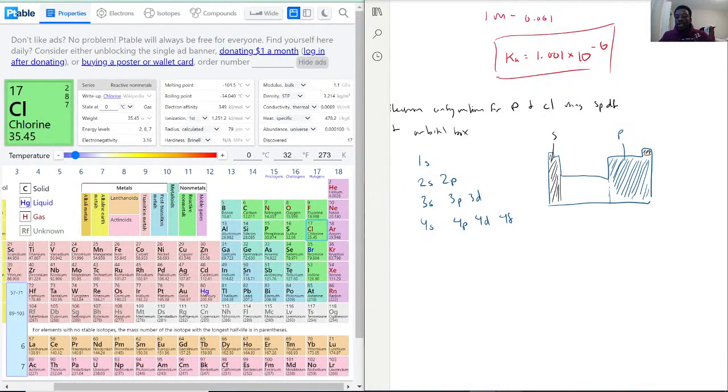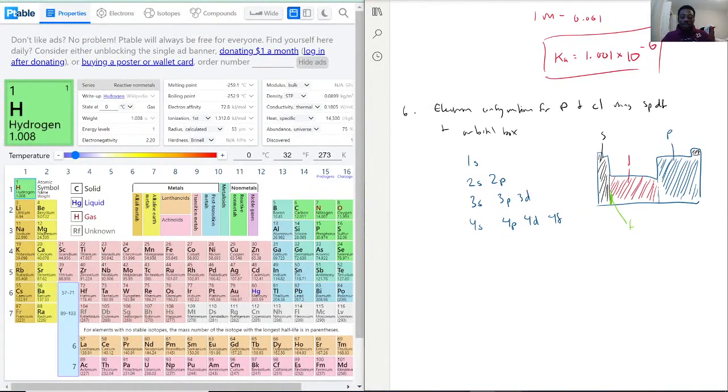And then f, which we also aren't using, is going to be the lanthanide and actinide series, and that one is going to be a total of 14 electrons, which means you have 7 different orbitals in f. The reason I mentioned that is because we pretty much just count through, and we have to make sure that we're referring to the right orbital.